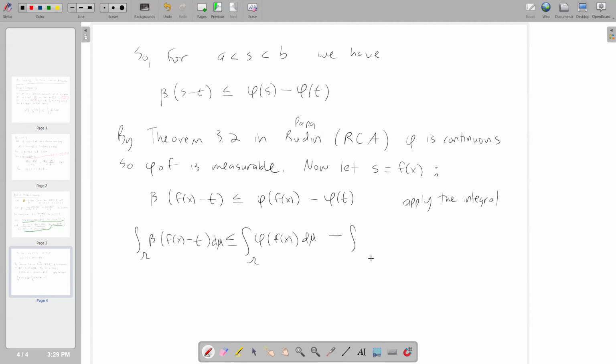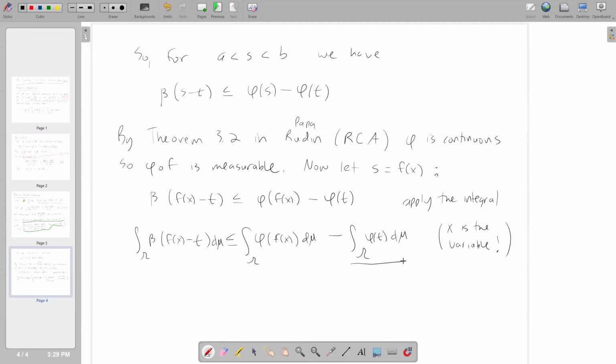minus this. Now we have to remember that x is the variable here. So everything else is fixed. In particular, t is fixed and beta is fixed. Those values are staying the same here. So this is actually integrating a constant function over a set of measure one.